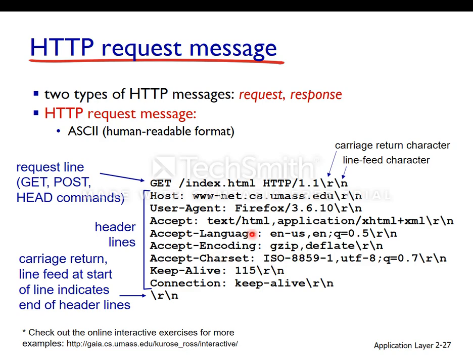We can accept if the data is encoded using gzip, and we will accept this character set, ISO 8859-1. And we want to keep the connection alive. We're requesting a persistent connection, basically, and we want the connection to be open for 115 seconds. Okay, and this is a request for a persistent connection, keep alive. And then we have \r\n.